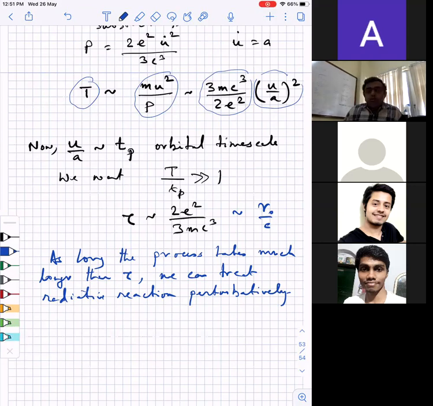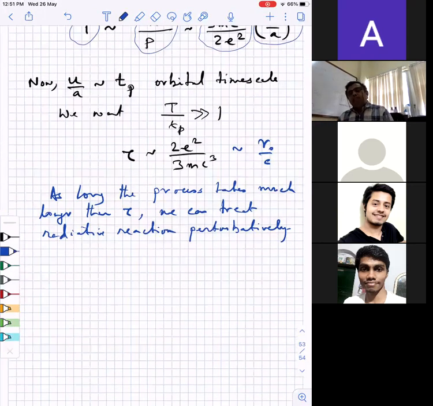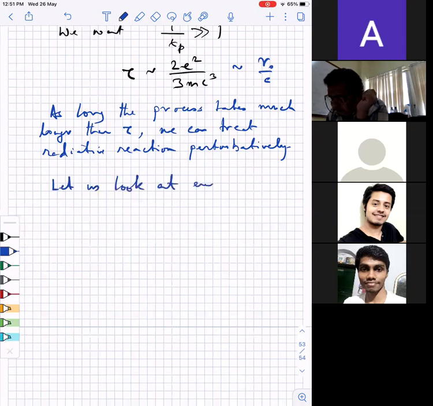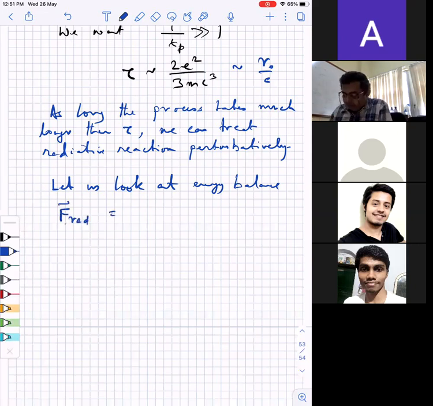Now, when I want to do this perturbatively, I want to look at a simple energy balance, and there also we're going to make some very simple approximations. So let us look at energy balance. I will define this radiative force, the radiative reaction force, and then calculate the work done.